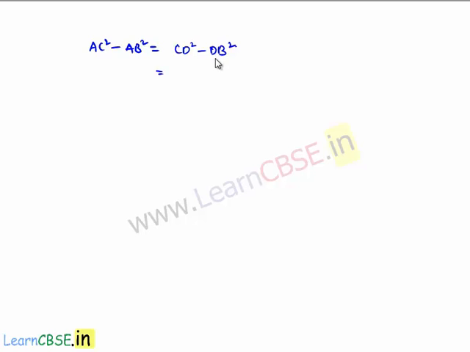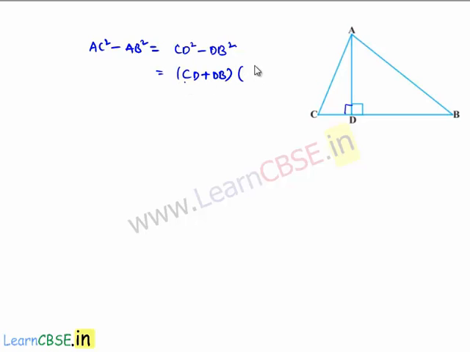This is in the form of A square minus B square, which can be written as A plus B into A minus B. That implies CD plus DB is nothing but BC, into CD minus DB is nothing but CD minus 3 times CD. Then we get minus 2 times BC into CD.